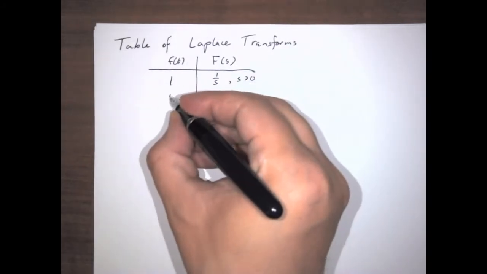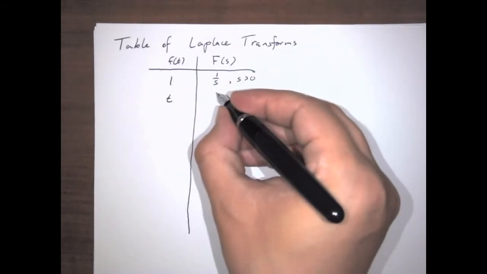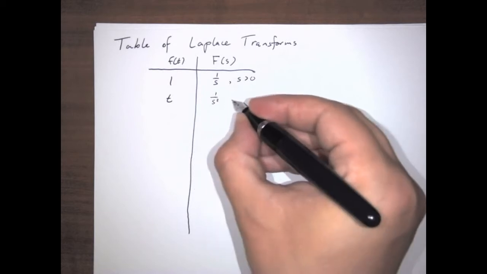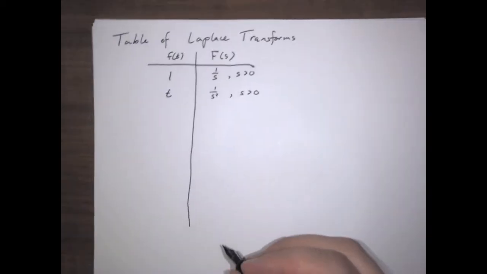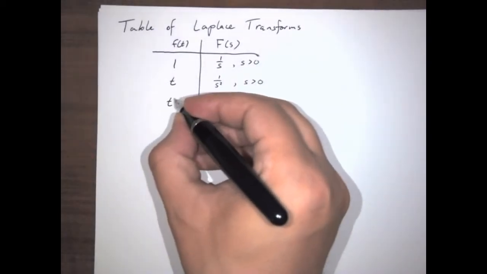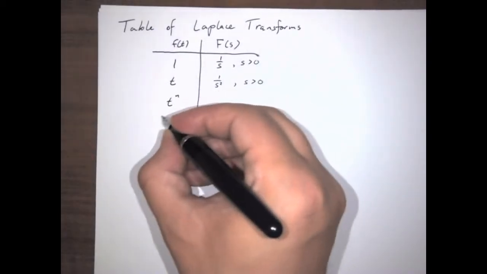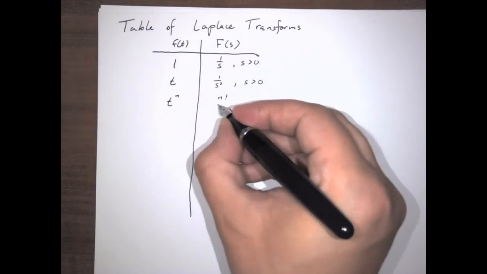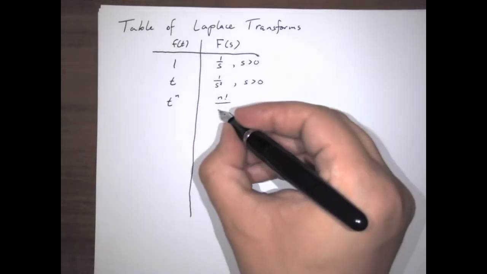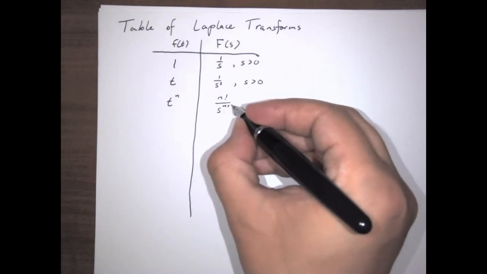And then if we just had t, that gave us 1 over s squared with the stipulation still that s is greater than 0. And then if we had t to the n for n an integer, we'll have n factorial over s to the n plus 1.